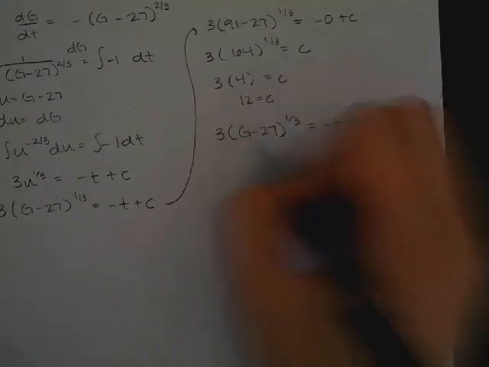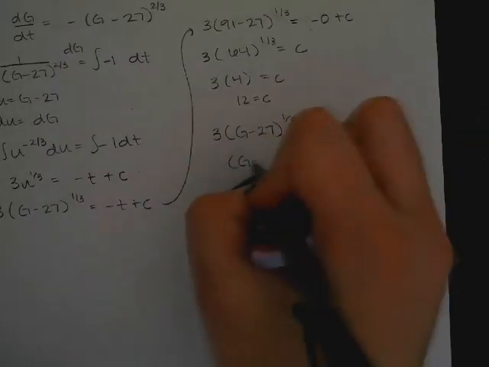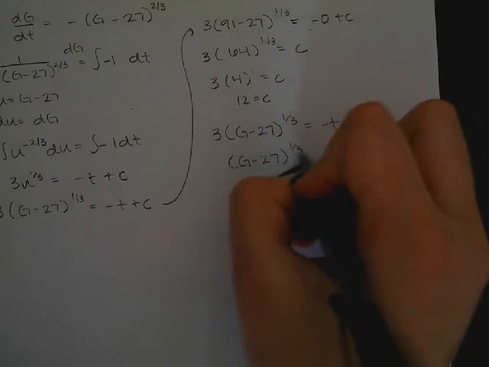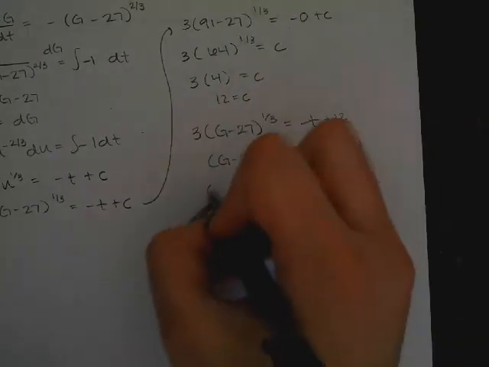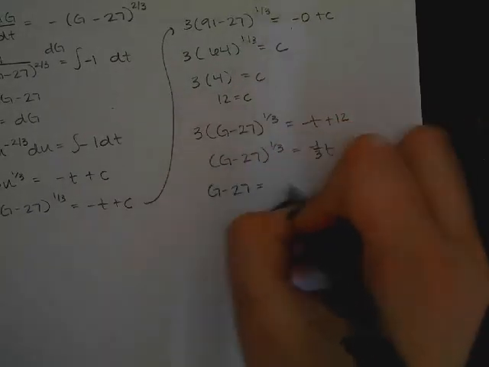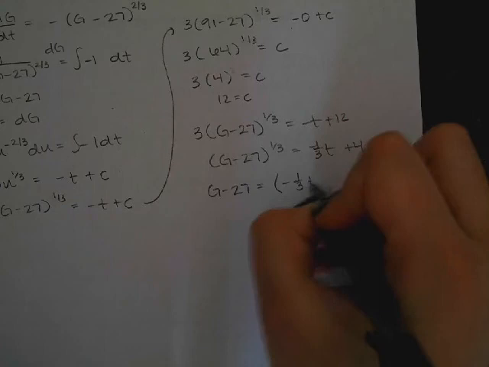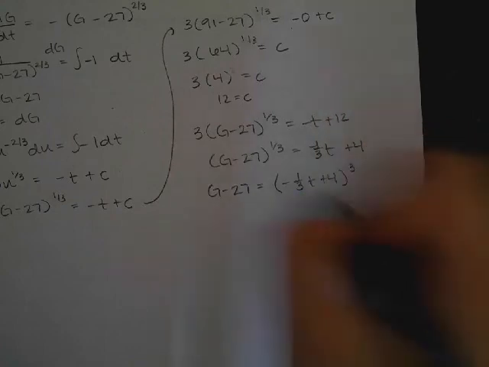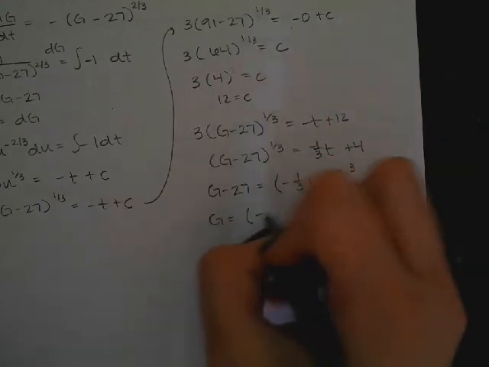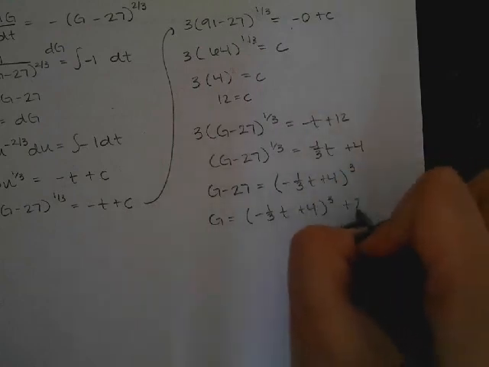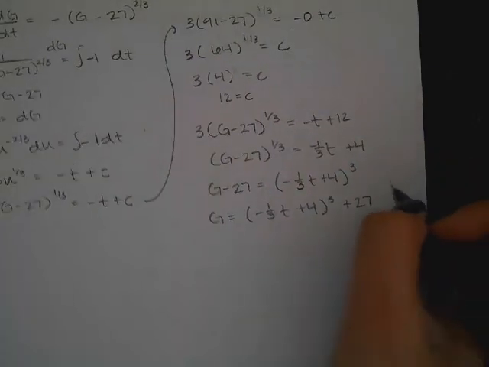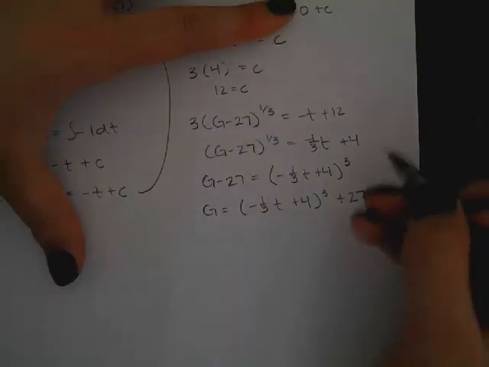So I can divide the 3 over, and I'll raise everything to the 3rd power. And I'll add the 27. Okay, so there is my equation for g of t.